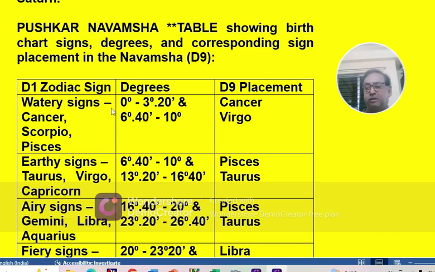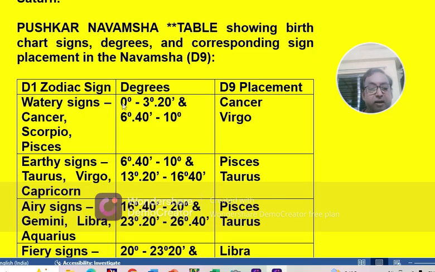So let us start. Watery signs. What are the watery signs? We all know. Watery signs are Cancer, Scorpio and Pisces. What are the corresponding degrees of Pushkar Navamsha? Degrees of Pushkar Navamshas in watery signs are 0 degree to 3 degree 20 minutes, and 6 degree 40 minutes to 10 degree.